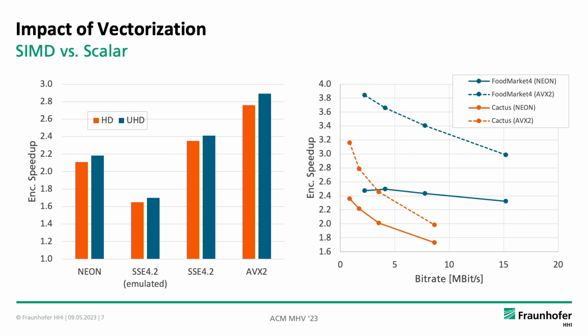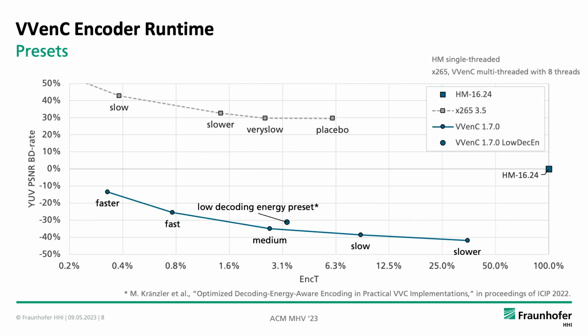The solid line represents the Neon speed up, which is below that. And then if you consider HD, the speed up is also even lower. So this is what you can get. You are in that range of speed ups you can achieve with applying these optimizations either on x86 with AVX2 or on ARM with Neon.